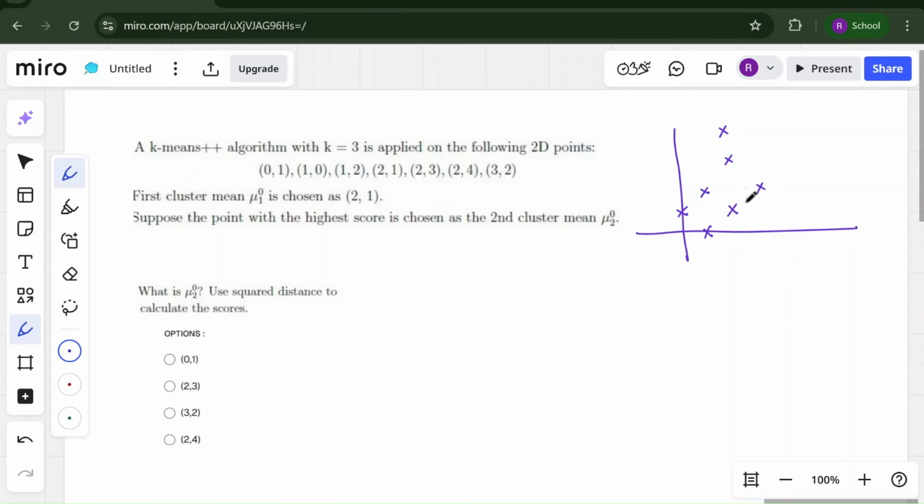These are the rough distribution of data points, right? And the cluster mean mu1 0 is chosen at 2, 1. This guy is my first cluster mean, right?